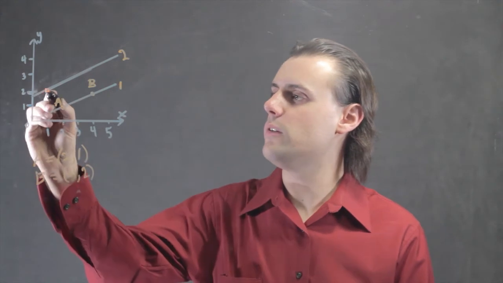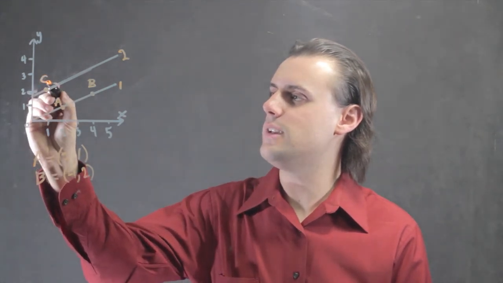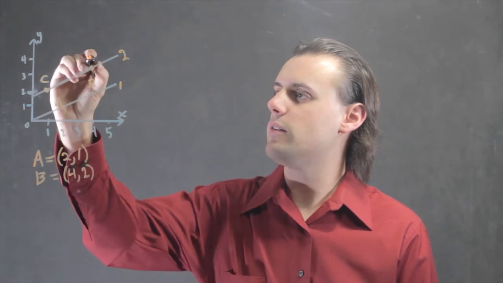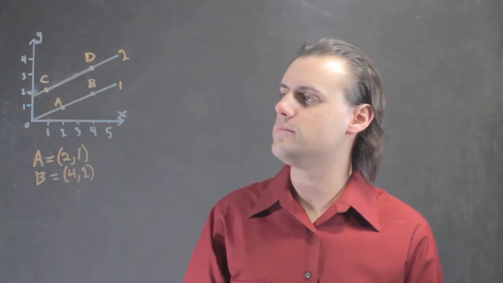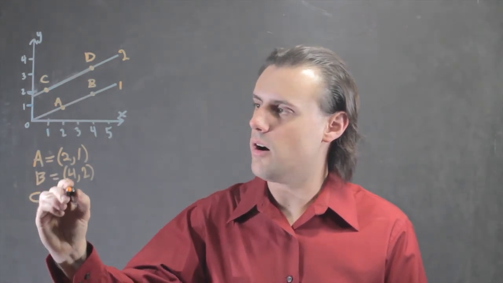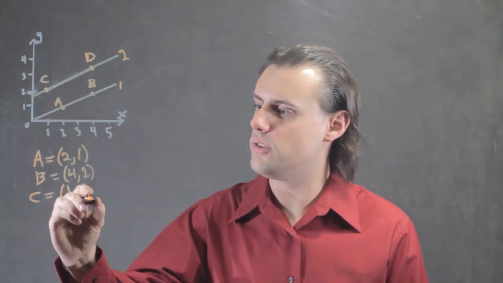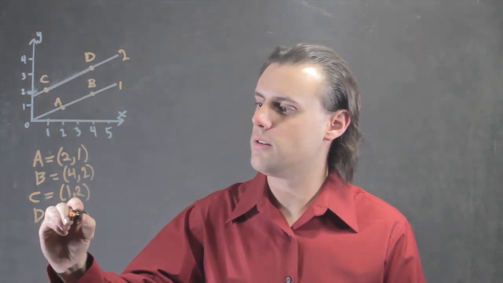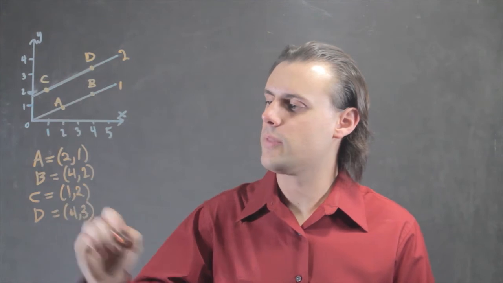So for example, a point C here and a point D right here. And the coordinates for C and D respectively are 1, 2 and 4, 3.